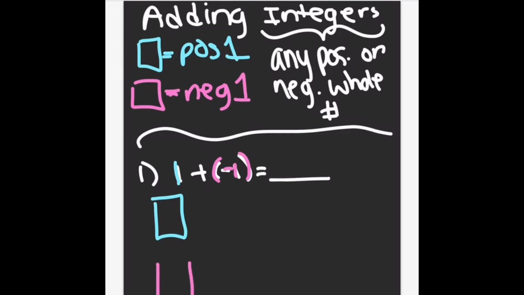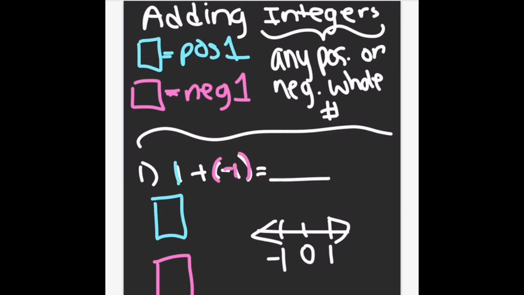That means, now if I'm adding, I have a positive. Let's use the number line to visualize this scenario. Right now, I'm on positive. Let's make this a 0. This is 1, and this is a negative 1.